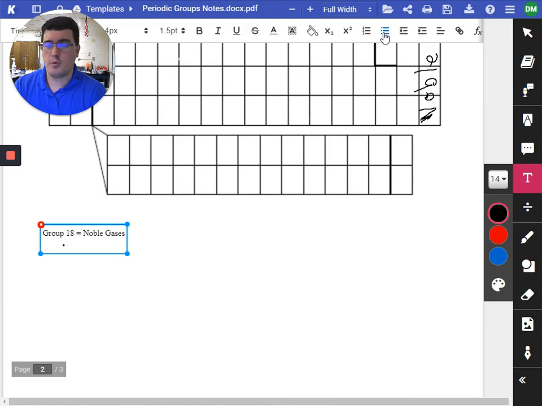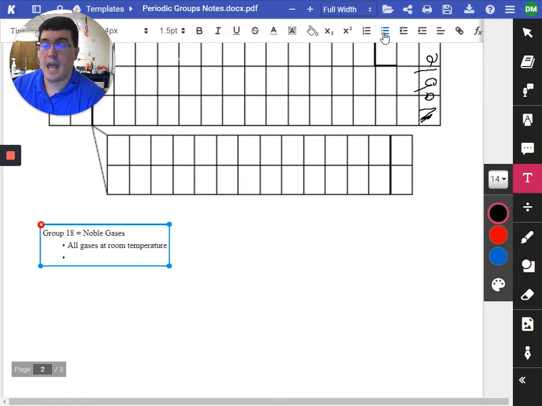Group 18 is the noble gases. They are known for being mostly, well, actually, it's not even mostly, they are really all gases at room temperature. And that's why they're called gases. Why are they called noble? They're called noble because they are non-reactive and will not associate.